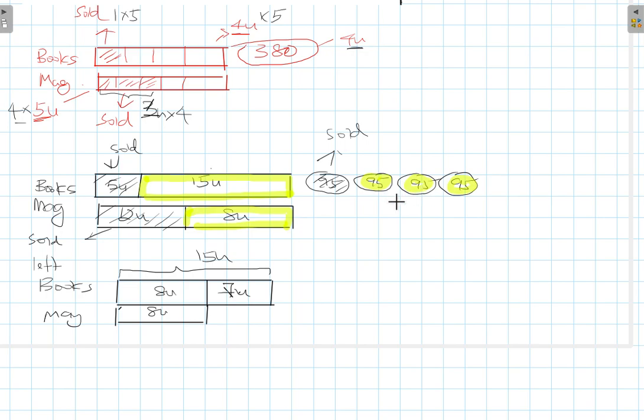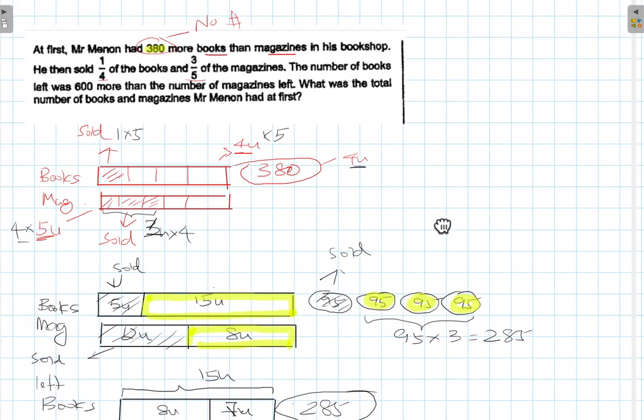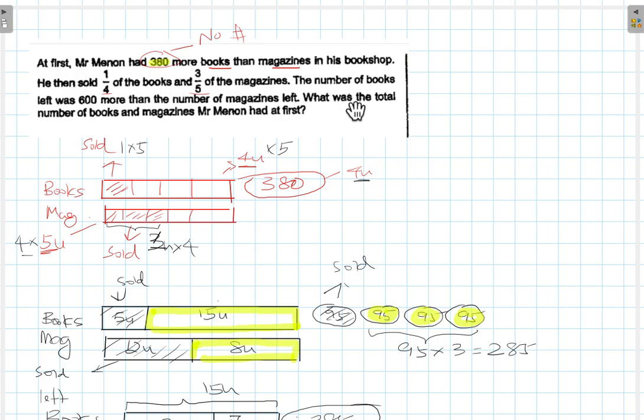And then here is what? 95. If you 95 times 3 will give you 285. So here is number 285. And then it says that the number of books left was 600 more than the number of magazine left.